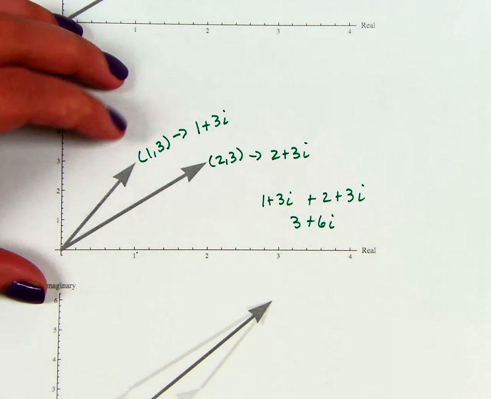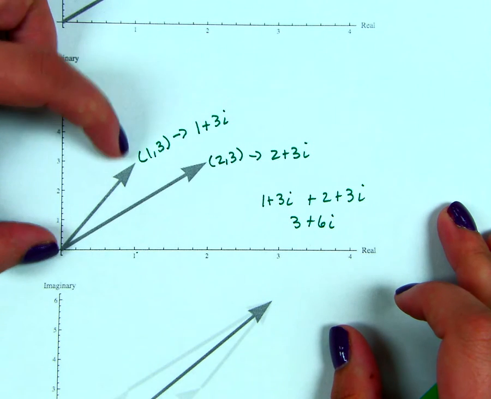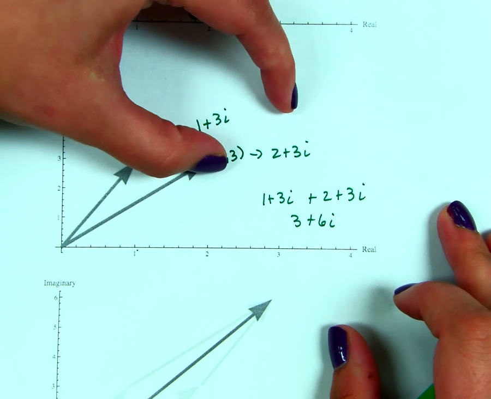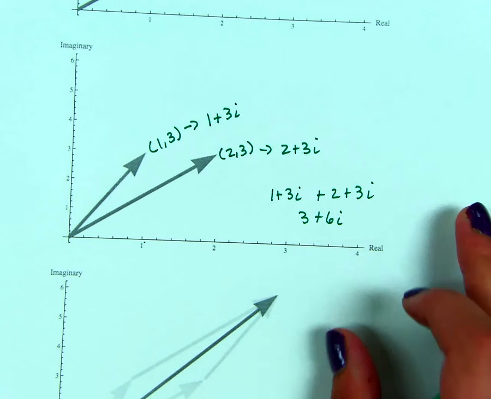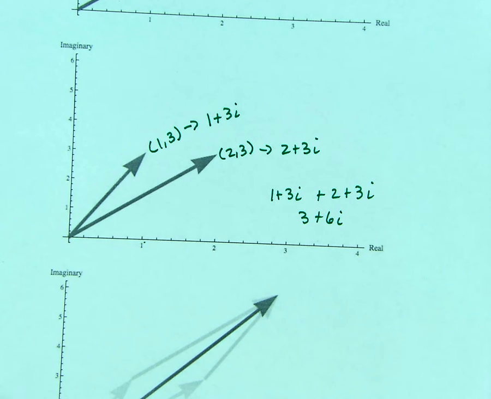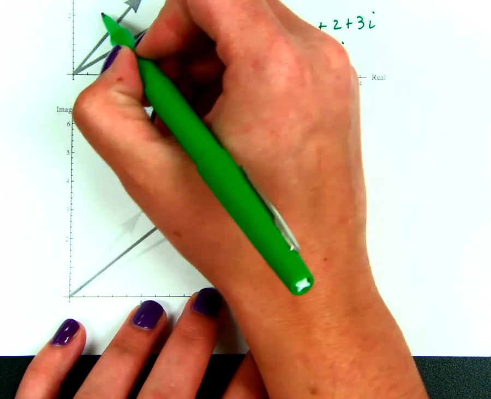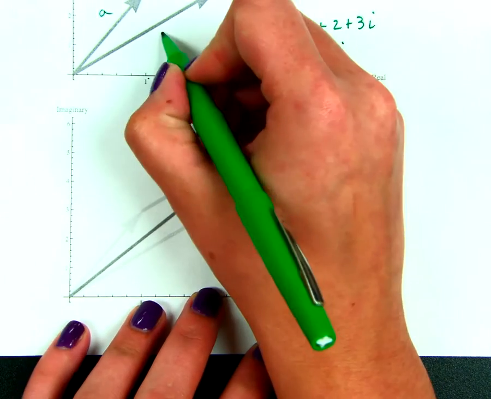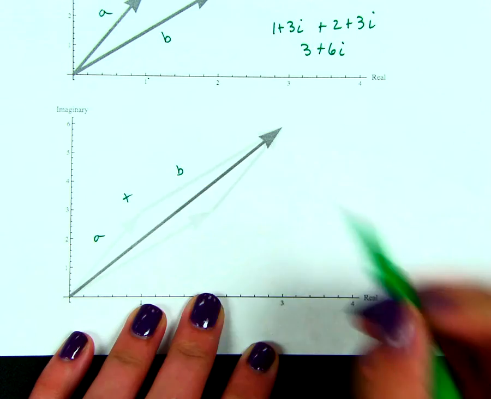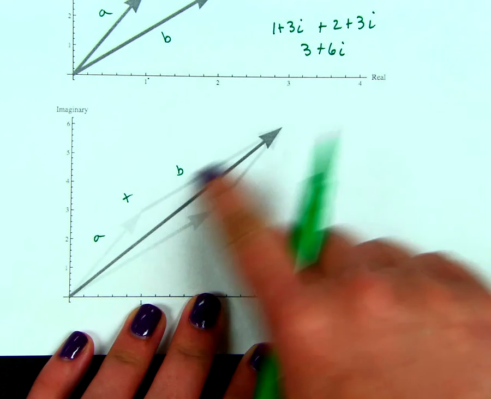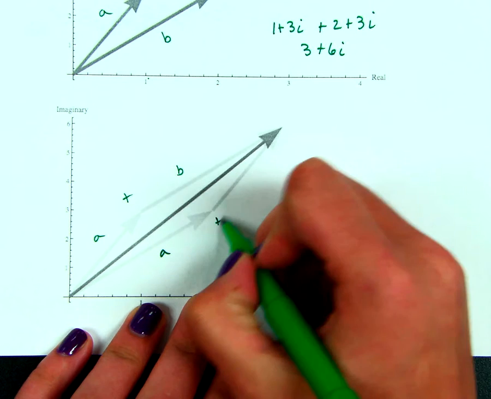So what we're doing is we're actually going to take this vector, and without changing its slope, we would pick it up, and we're going to put it right at the front of this vector, or I could do it vice versa. But again, that slope is going to stay the same. So a picture of that. If we call this one vector A and this one vector B, here's vector A, and we're adding B to it. That's going to give us our new vector. Same thing, this was our vector A, or we could add vector B to it.